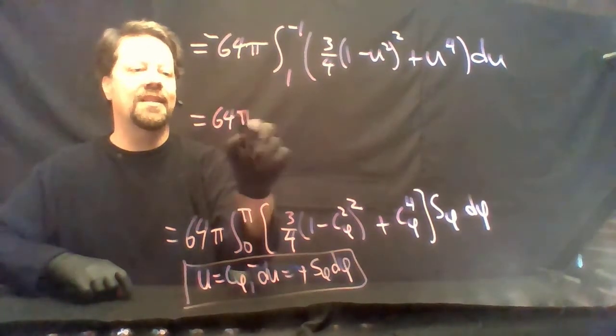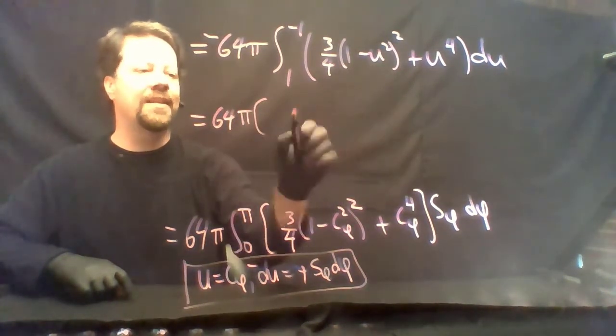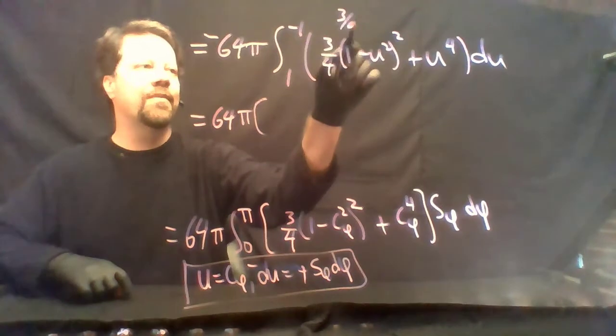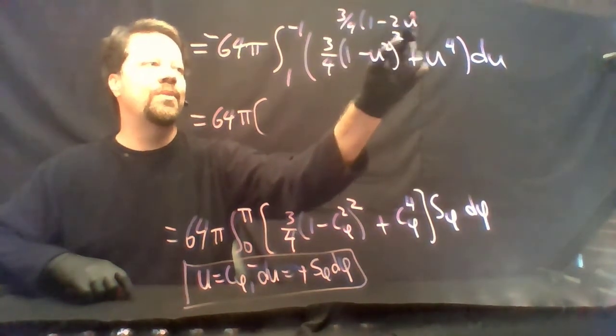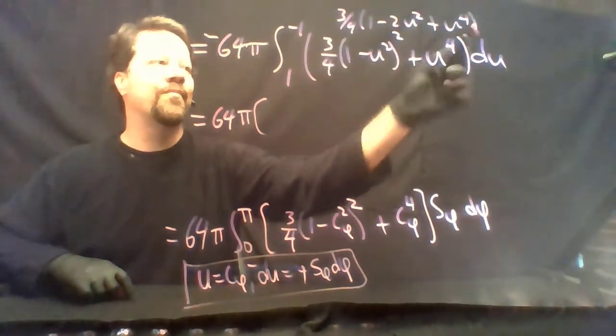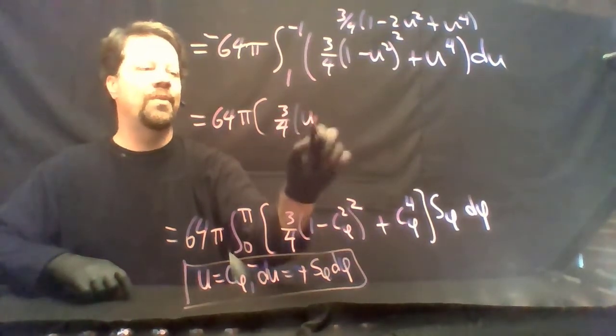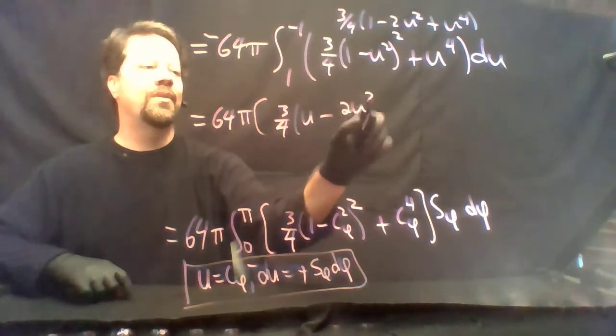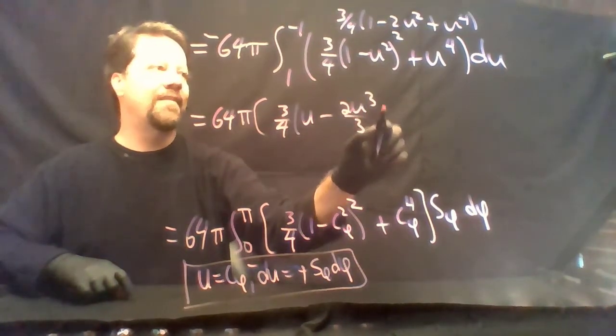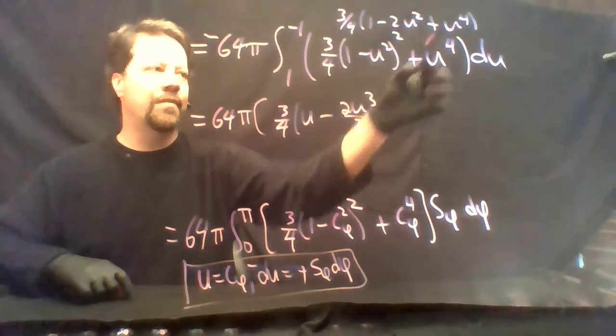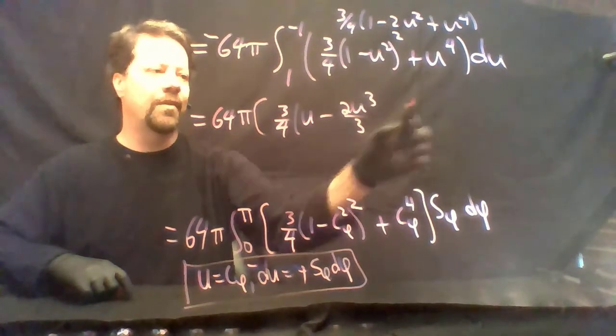That gives us 64 pi. If we FOIL this out, it's going to be 3/4 times the quantity 1 minus 2u squared plus u to the fourth. We'll have 3/4 times u minus 2u cubed over 3, and then we have 3/4 u to the fourth plus 1/4 u to the fourth.